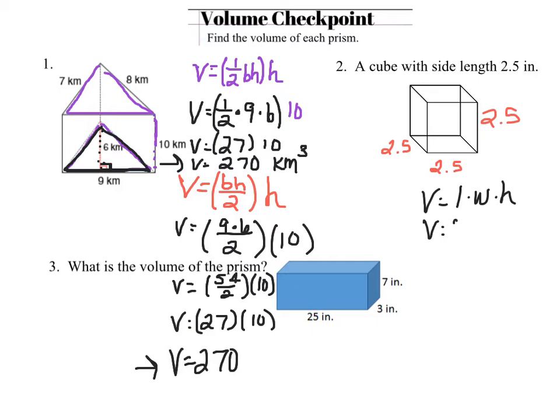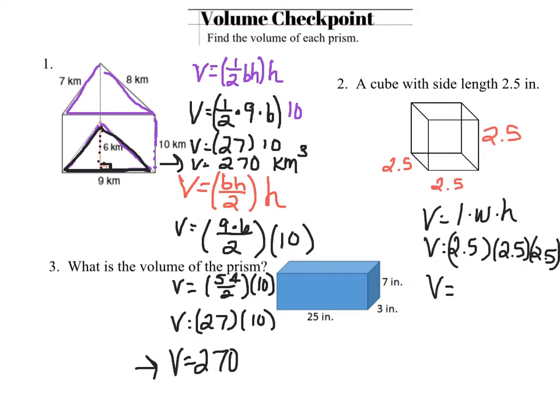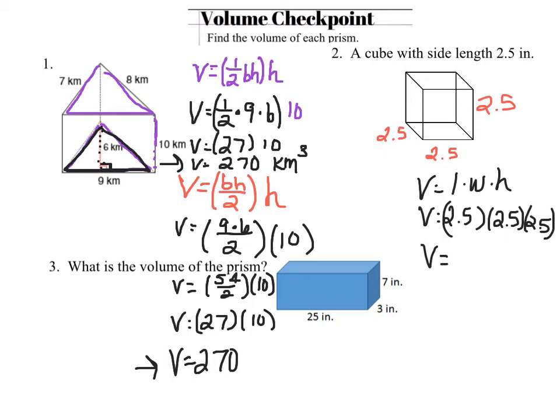So 2.5 times 2.5 times 2.5 is 15.625 inches cubed, or cubic inches. Again, volume is measured in cubic units, whereas area is measured in square units.